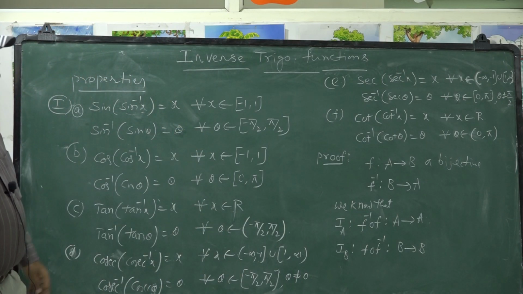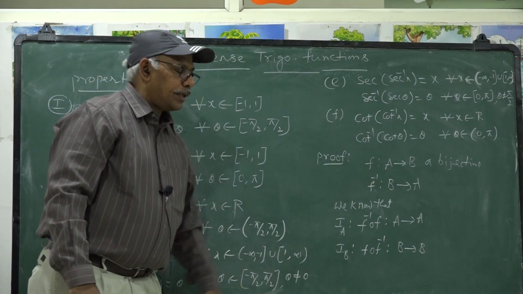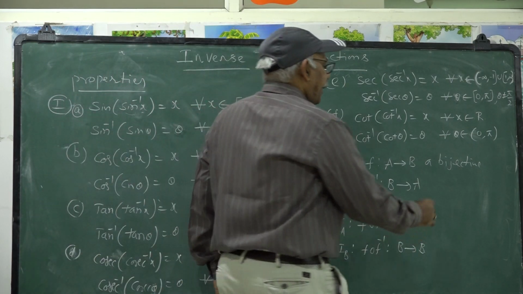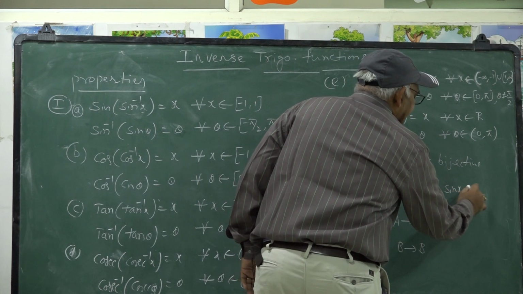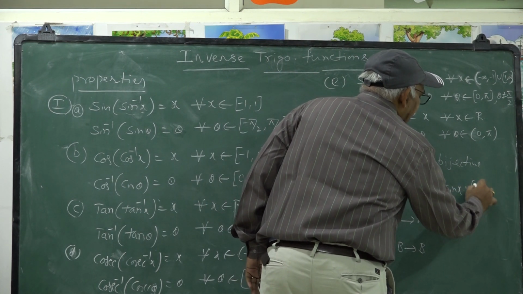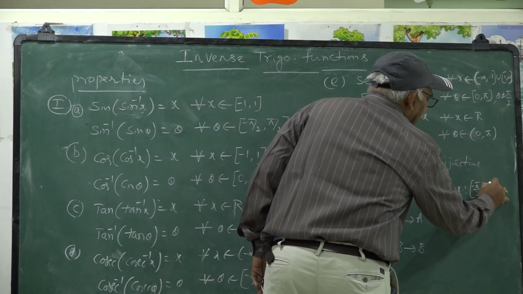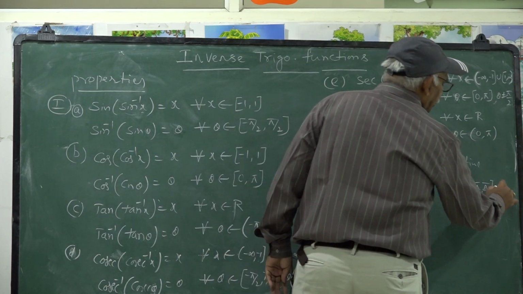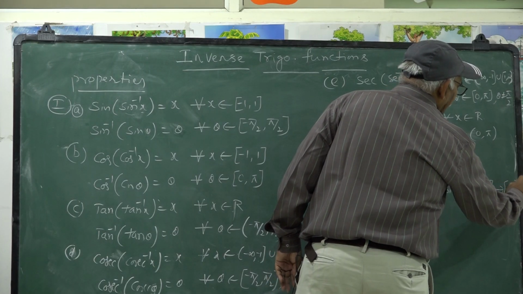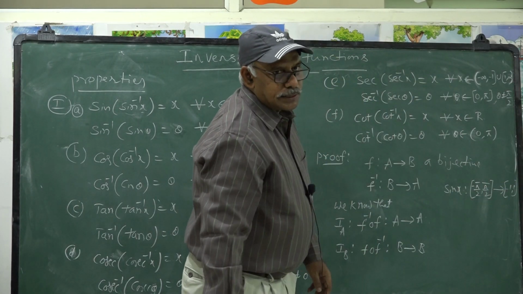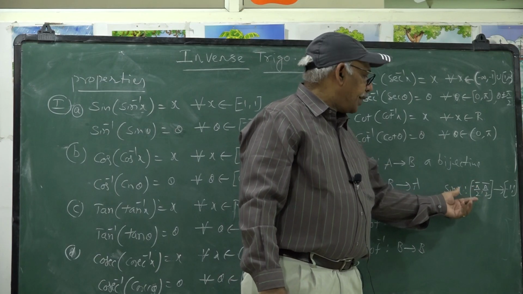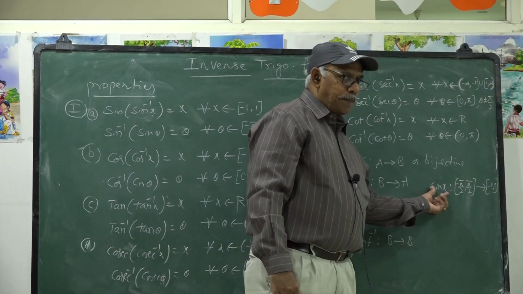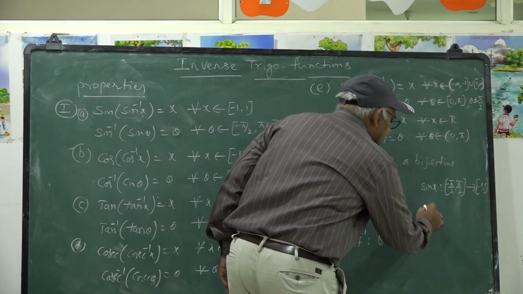Keeping this concept of functions in our mind, let us take sin x as the function, defined in its restricted domain [-π/2, π/2] to [-1, 1]. Once the sin function is defined over this interval, it is clearly bijective, hence its inverse exists.